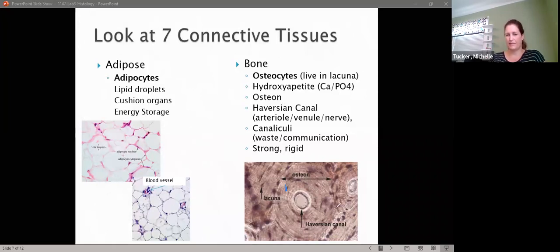It does stain brown. It's arranged in this tree trunk type of structure. This is dense, compact bone. There is also spongy bone that we don't use in this lab, but you'll learn about in lecture.